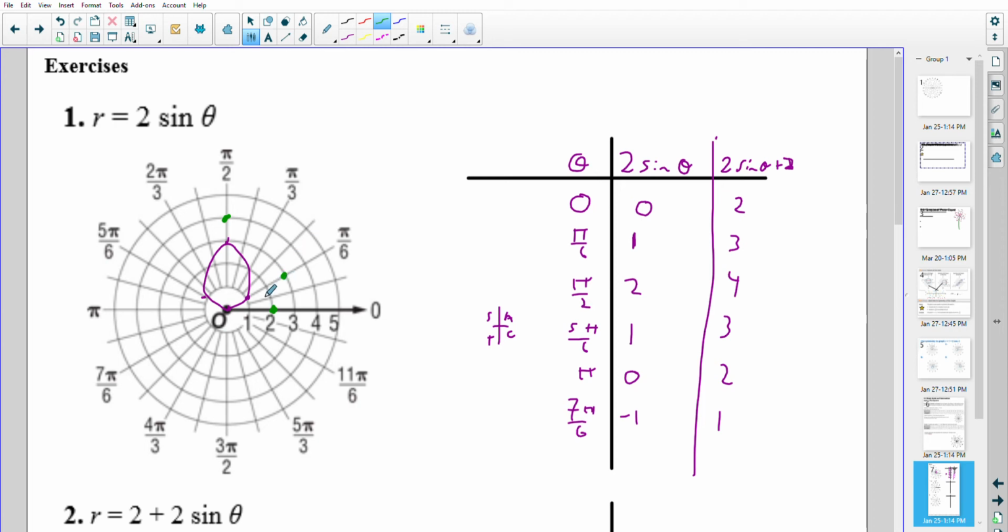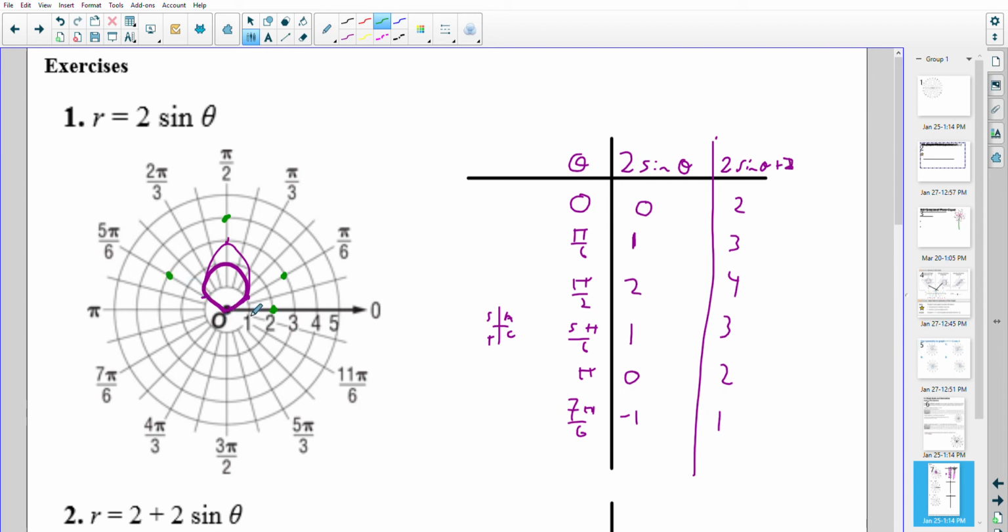And I just noticed a mistake that I made. In the previous graph, it should look like this, not that other part. So getting back, I miscounted, that's 2 to this point, which I'm looking at right here. Getting back, 5 pi over 6 and 3.